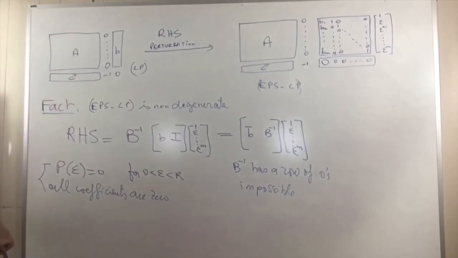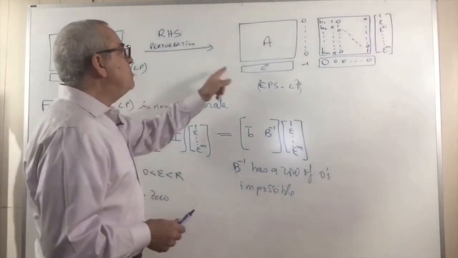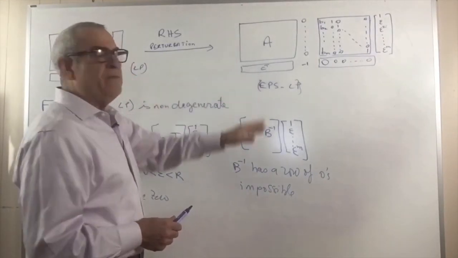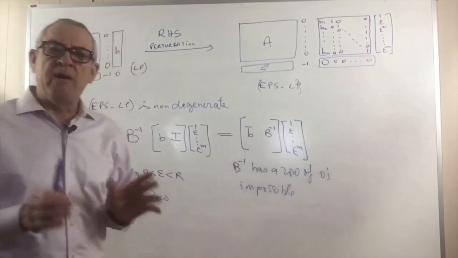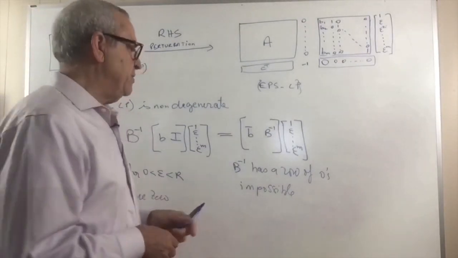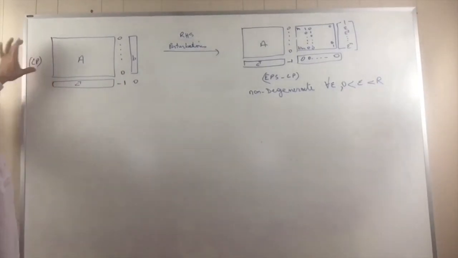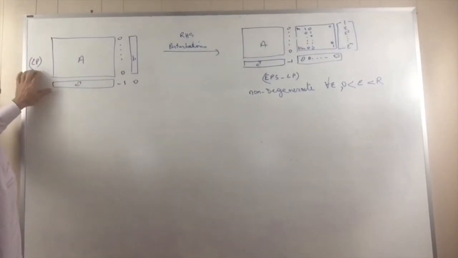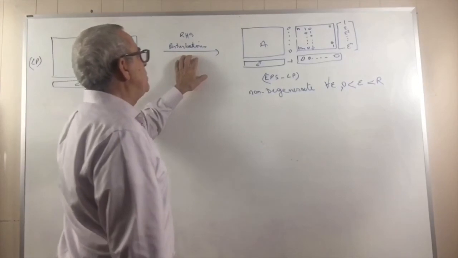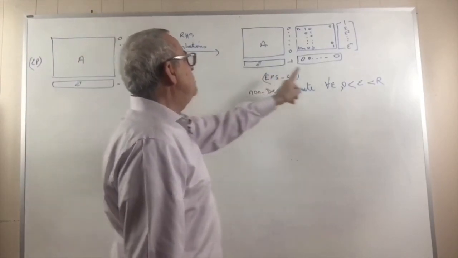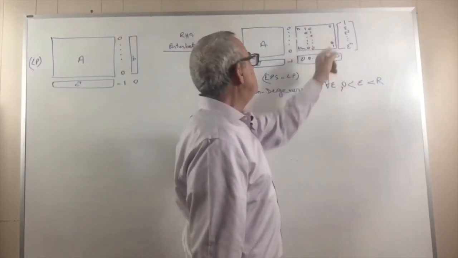Okay, at no iteration will we have a 0 on the right-hand side, and therefore the simplex applied to this will never cycle. It will terminate after a finite number of iterations. So we have a linear program in simplex tableau form, and then we do some right-hand side perturbation as we did before by introducing this epsilon and this matrix.